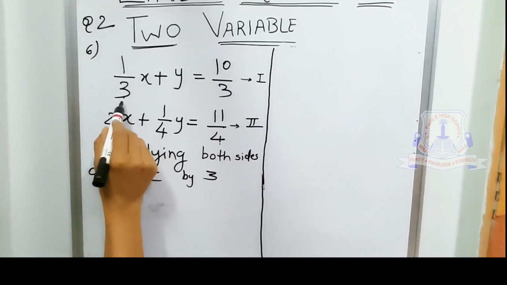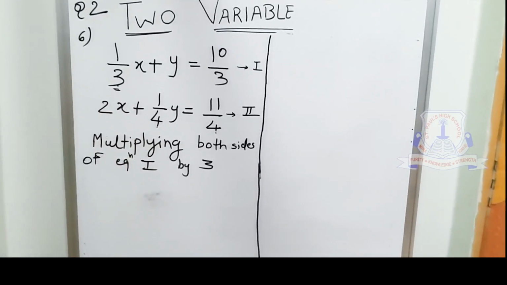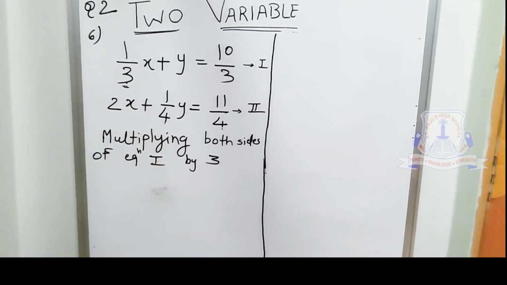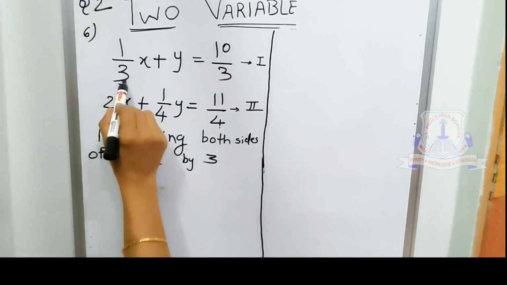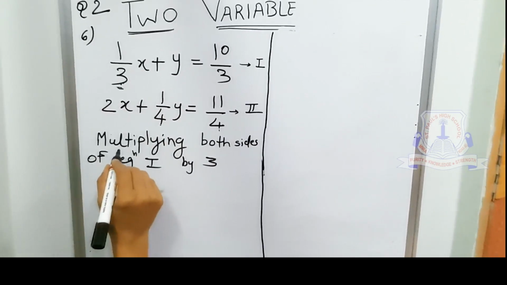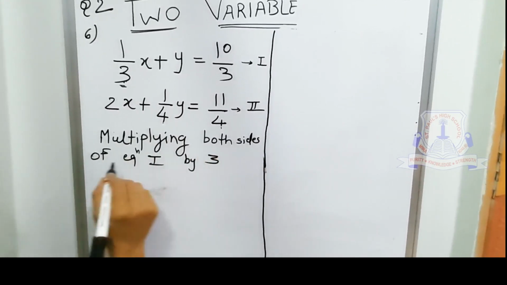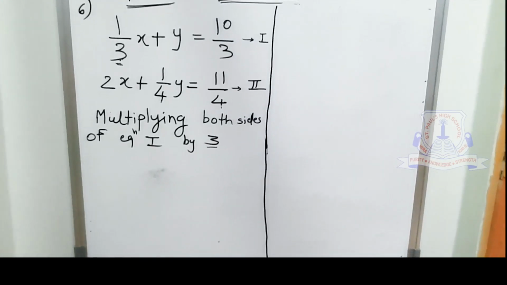Now see here, the coefficient of x in the first equation is 1 upon 3, which is a fraction. That is why we have to multiply by 3 on both sides of equation 1. So let's write multiplying both sides of equation 1 by 3.